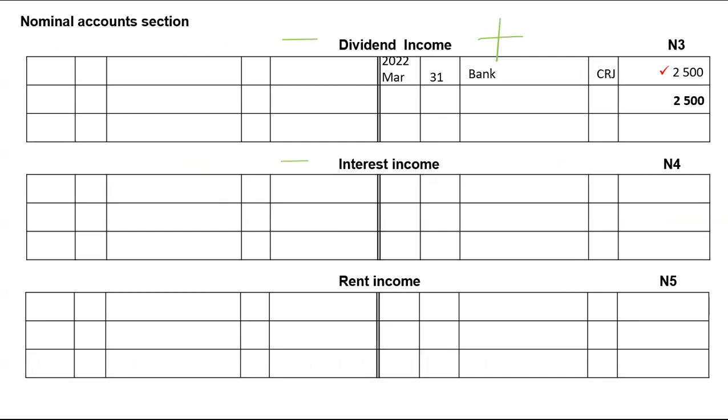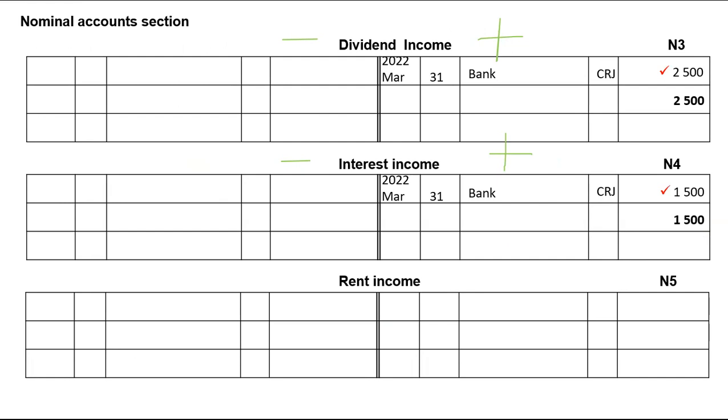Similarly with your interest income, and you should have noted by now it's always year, month, day, bank, and then CRJ. And it was 1,200 if I'm not mistaken, 1,500. And you find the total.